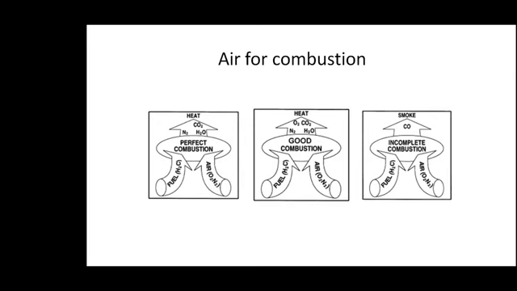So in the combustion itself, as you can see, there are these imperfections that take place. When you provide air for combustion, it is always accompanied by some amount of excess air. Some more air is given to ensure complete combustion.